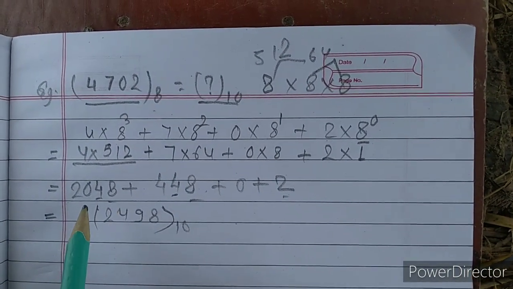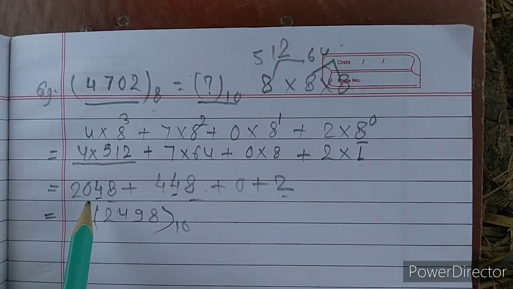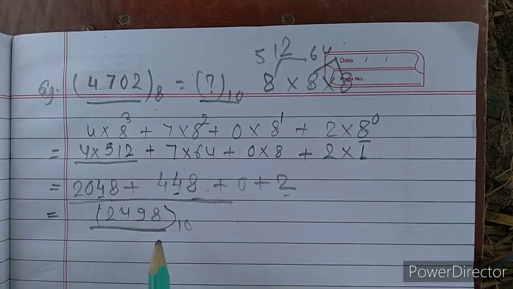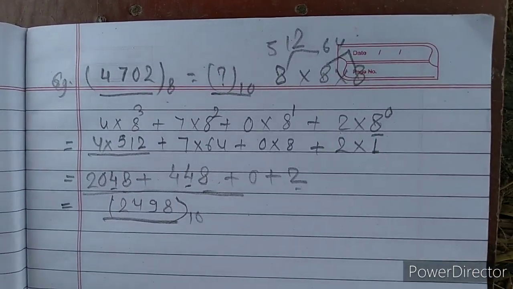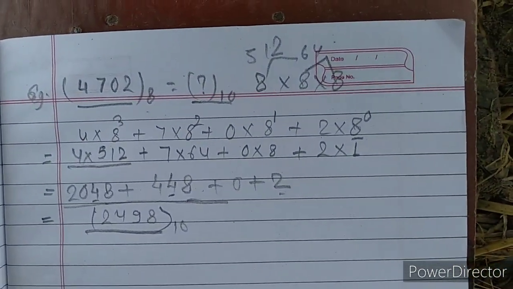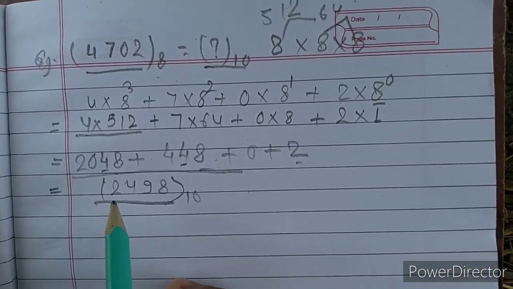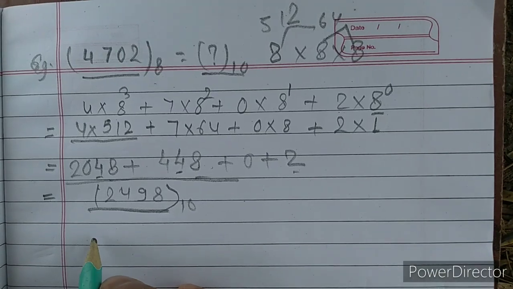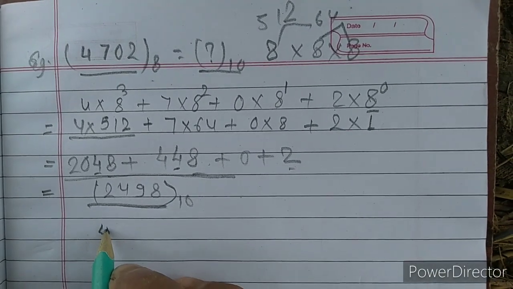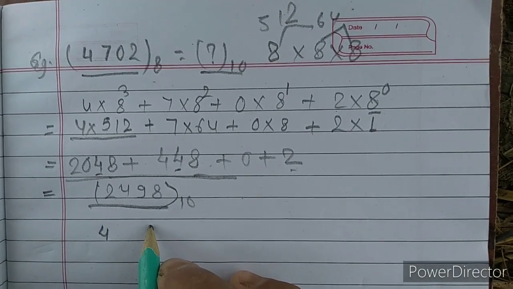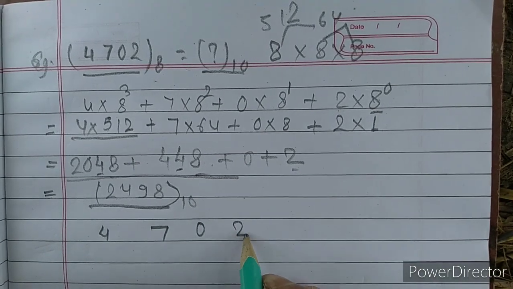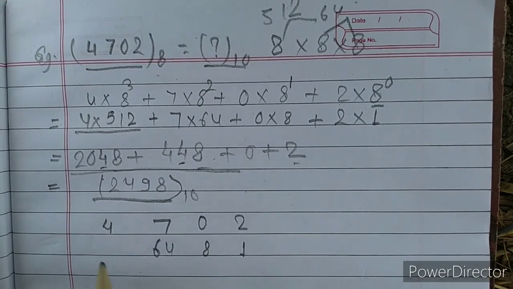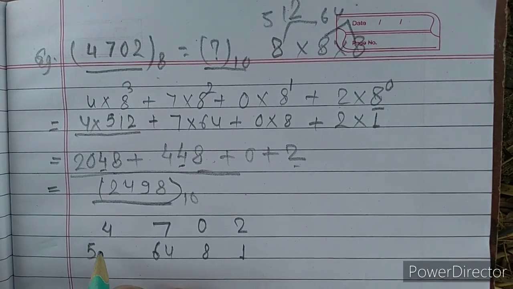So in this way you can do the calculations. So here you can just solve it. This is the answer. This is the horizontal method. If you like to do this in the vertical method, you can do it the same way, or you can just write them separately, like 7 4 7 0 2 and multiply by 1, 8, 64, and 512.